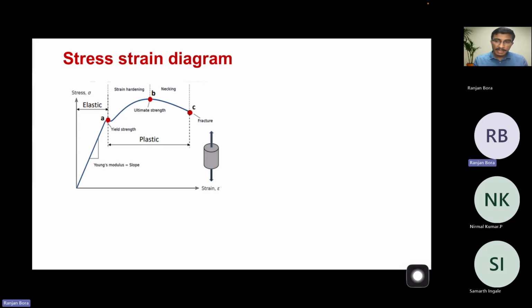So for any material, we can generate this stress strain diagram by doing the tensile test using some UTM machine, universal tensile machine.